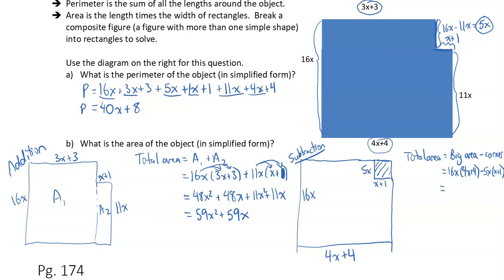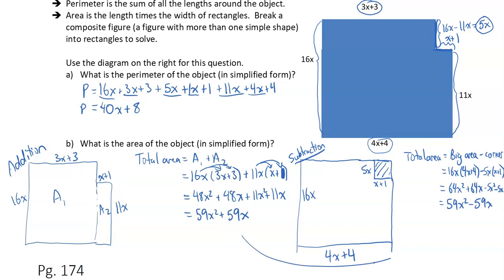So 16x times 4x gives you 64x squared, and then you keep expanding that out, you get 64x, minus 5x squared, minus 5x. In this case, you're subtracting that bit off, so you're going to end up at 59x squared plus 59x.